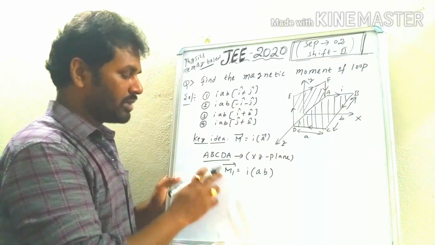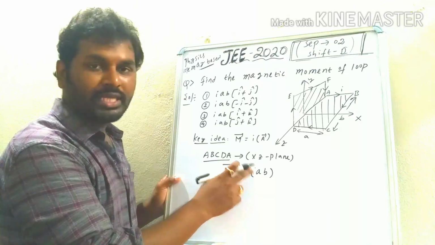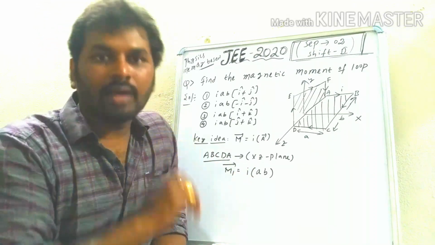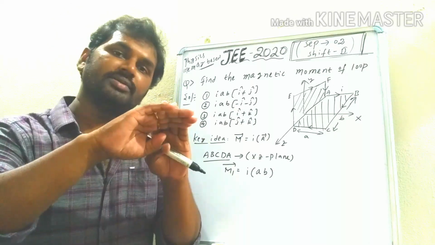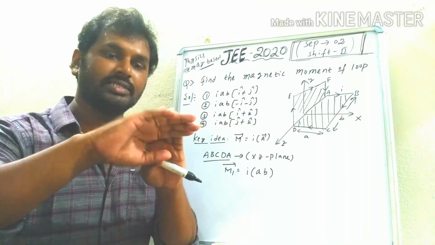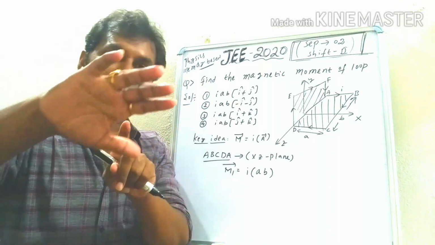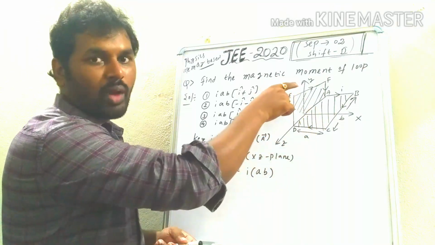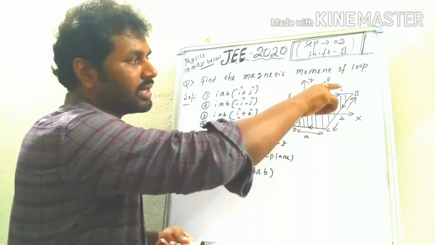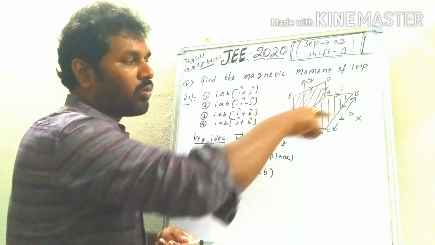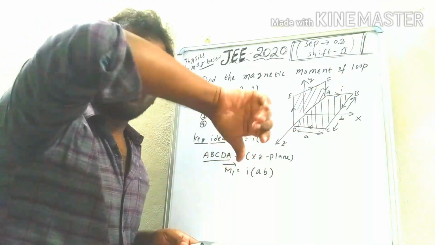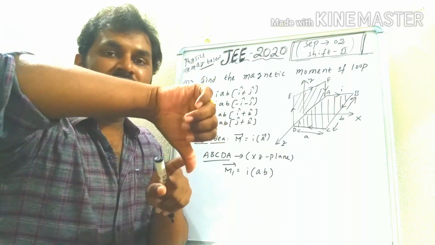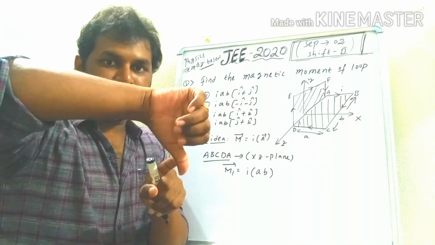To assign the direction, because it is a vector quantity, we need to assign a direction. By applying again the right hand thumb rule, the curl of the fingers gives the direction for the current and the thumb gives the direction for the magnetic moment. If you look at this loop from the y-axis, you can see the current is moving in clockwise direction. For the clockwise current, the thumb is acting in the downward direction, which means opposite to the y-axis.